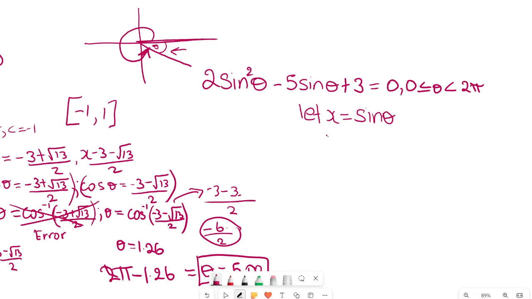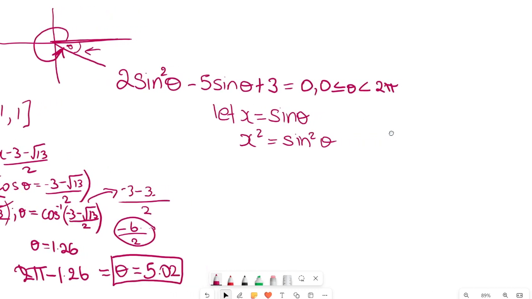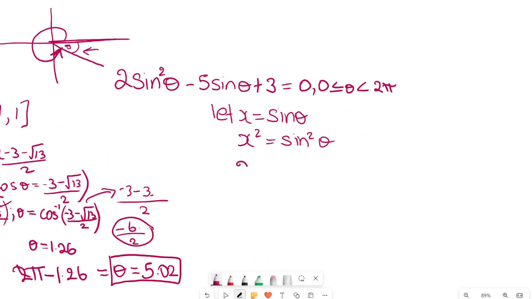Well, that means for us that X squared is going to be sine squared theta. Now, if we are doing this substitution, our equation becomes 2x squared minus 5x plus 3 equals 0.